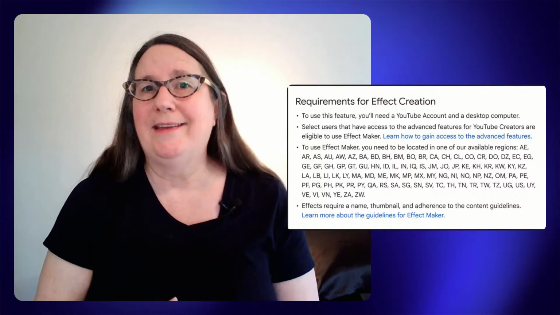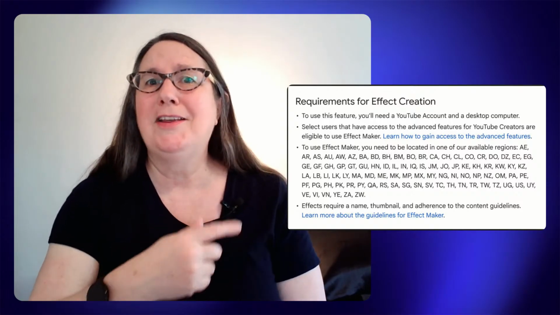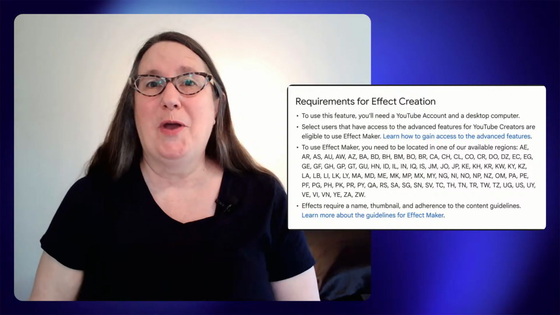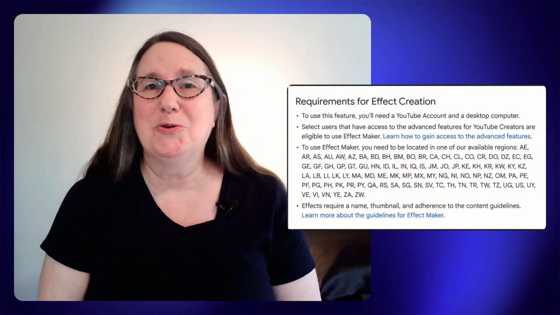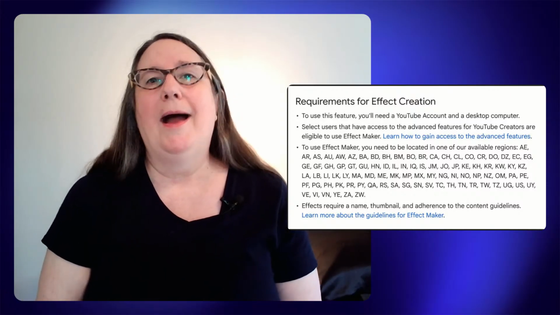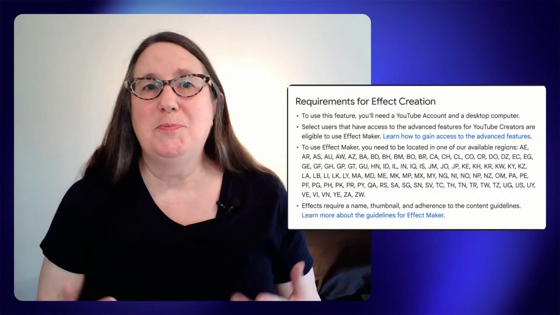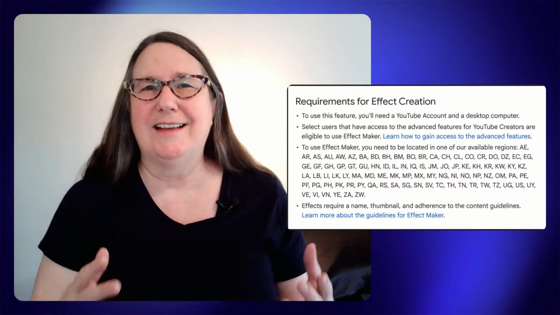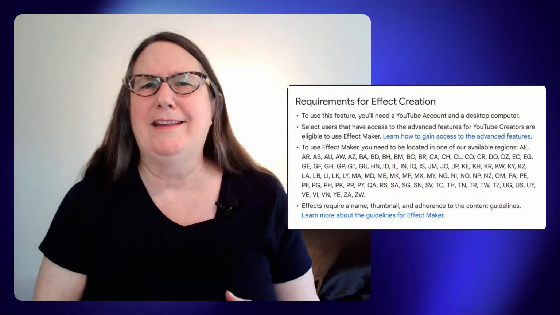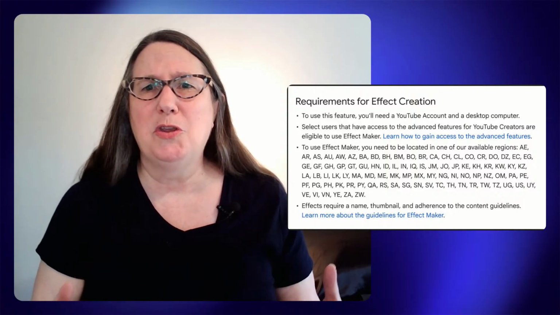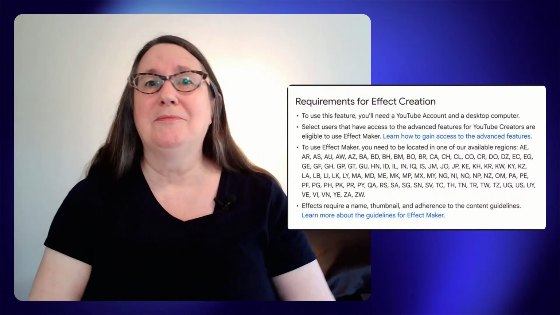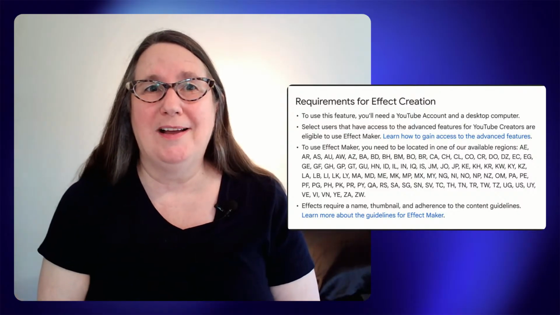And you have to be in an eligible country. You can see here they list all the countries where this is available to creators. I'm not that great with the two-letter codes, but as best I can tell, it doesn't seem to be available in EU countries or the UK, but it's available all over the world otherwise.